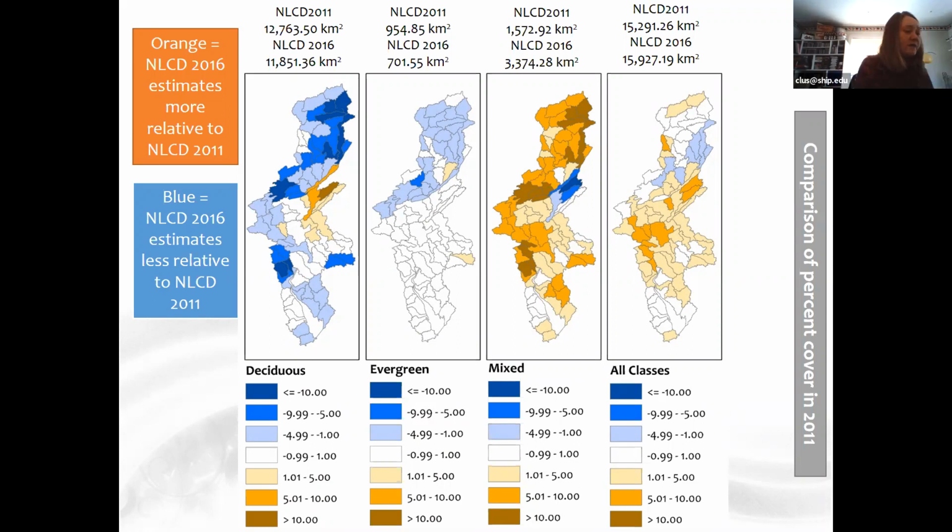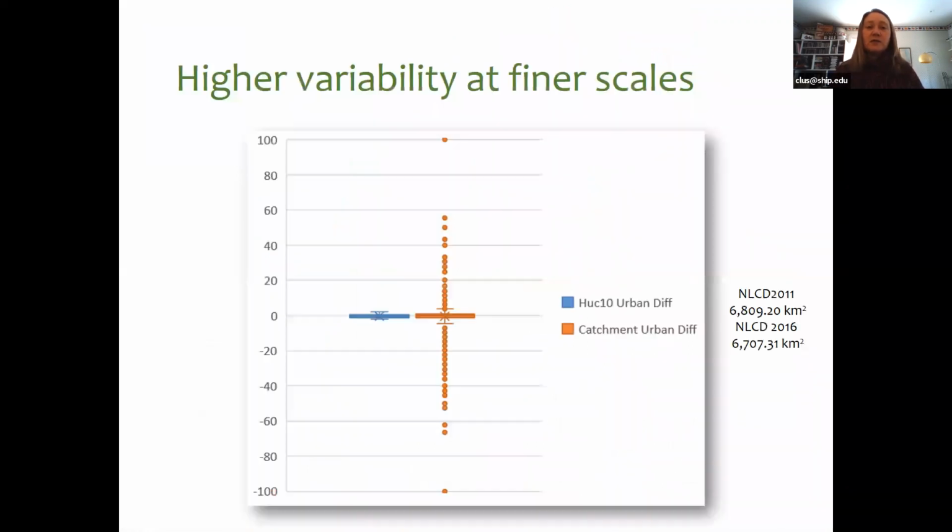Another thing that I found is that when we look at finer scales, so when we continue to zoom in, variability and the differences between these two products increases. So if we zoom into NHD catchments, these are much smaller watersheds than the HUC 10 watersheds. These are box plots that show the percent difference between 2016 and 2011.